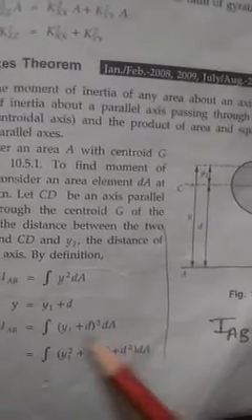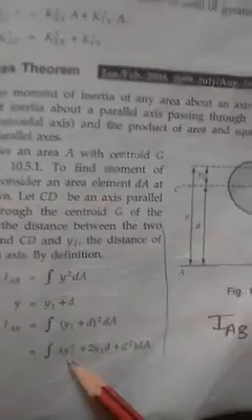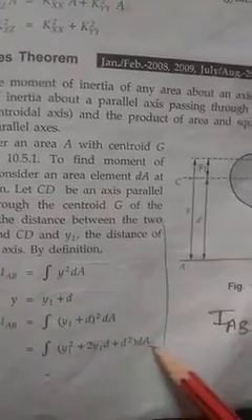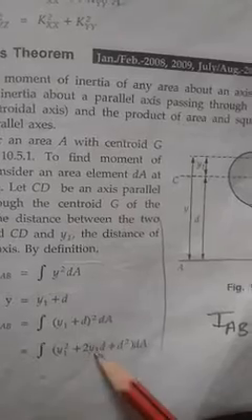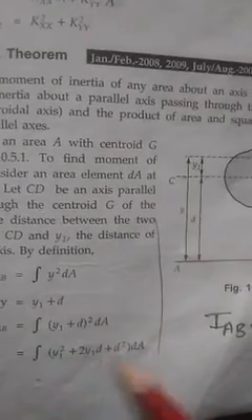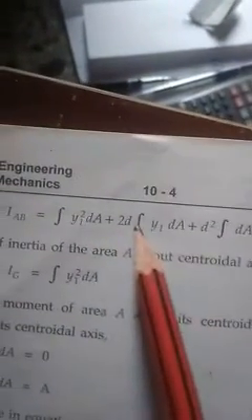Treat this as (a plus b) whole square, which is a square plus b square plus 2ab, and multiply dA to each term. Removing the bracket, the equation reduces to the integration of y1 square dA plus 2d, which is a constant and comes outside, integration of y1 dA, plus d square integration of dA.